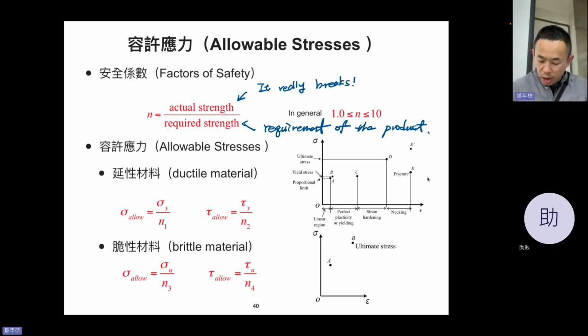Allowable stresses. Oh, I should replot this. Don't worry, you knew this before. Sorry.